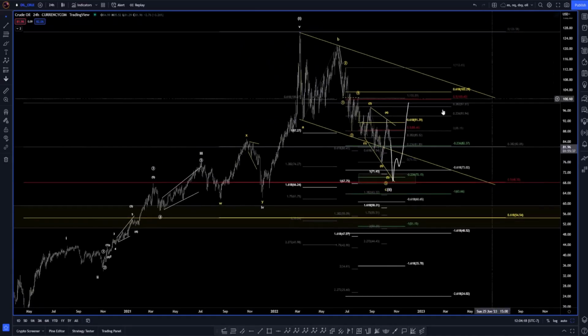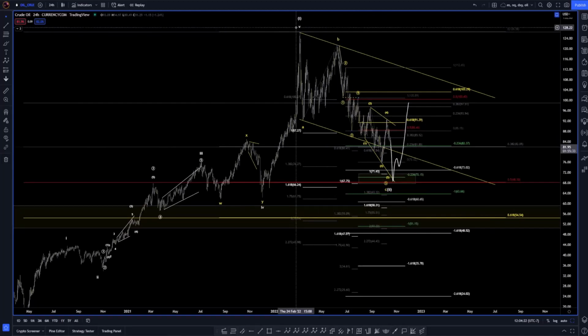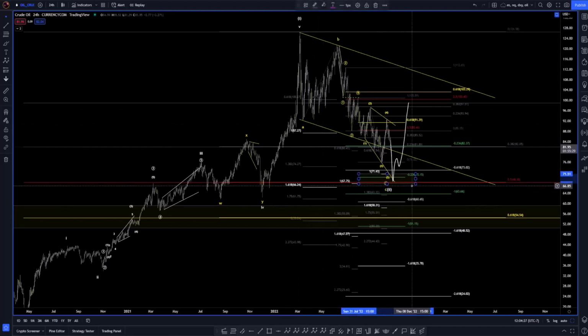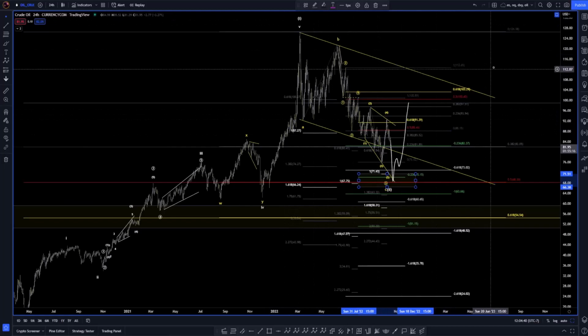It can go deeper, but you're seeing the wave relationships and confluence build around this zone. I will say that we could get it to roughly down to here, that 66.24, which is a 1618 of the A wave projected from the B.